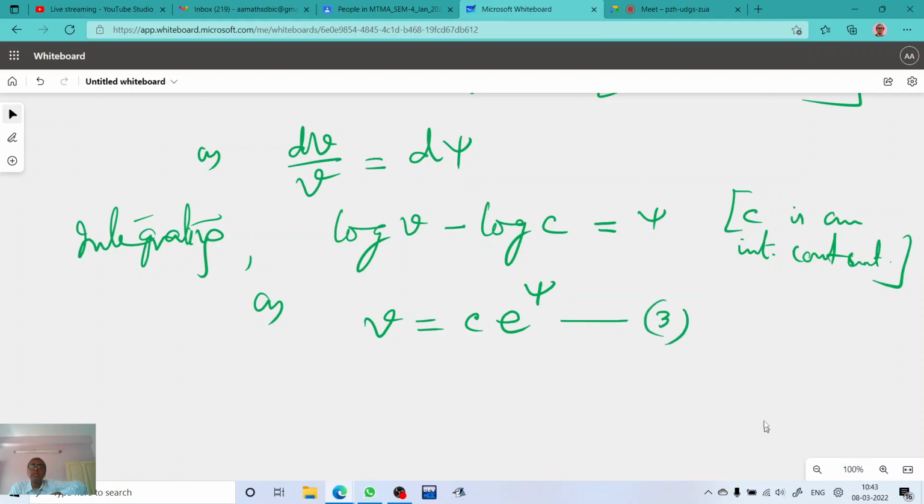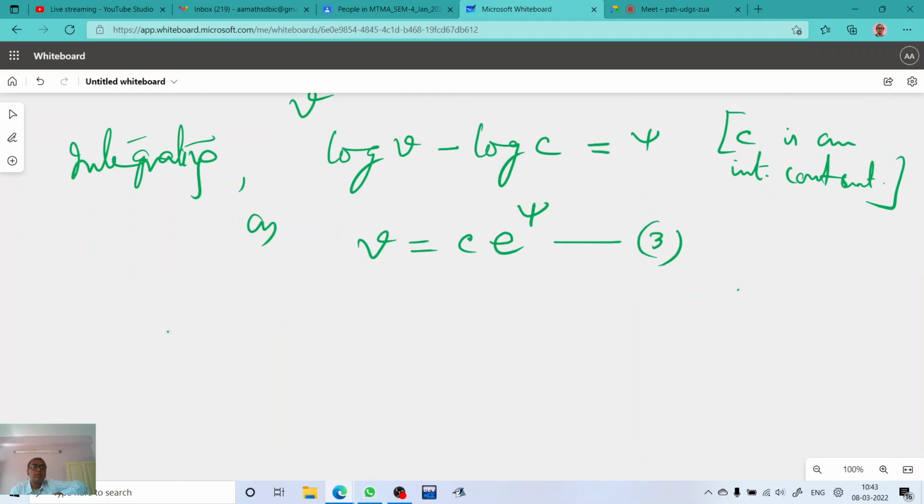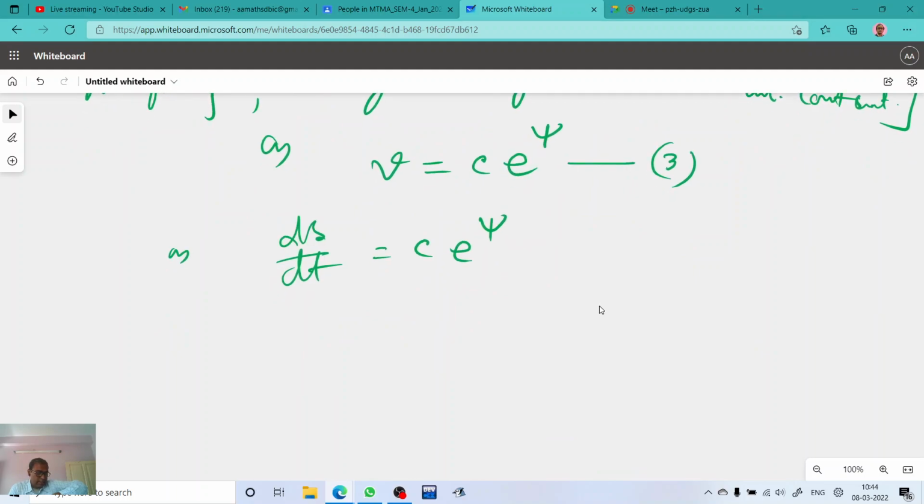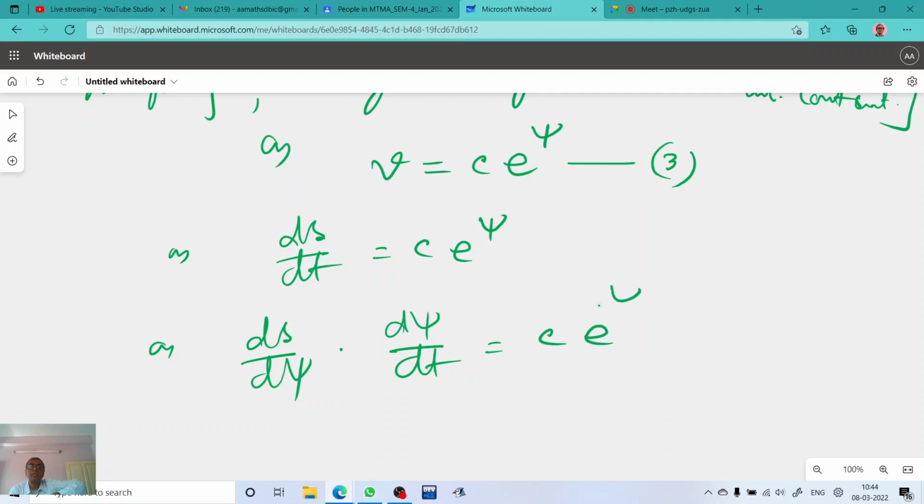Now v means ds/dt. So ds/dt equals to c into e to the power psi, and ds/d psi into d psi/dt equals to c into e to the power psi.